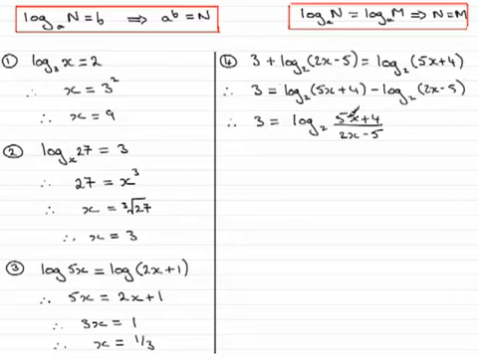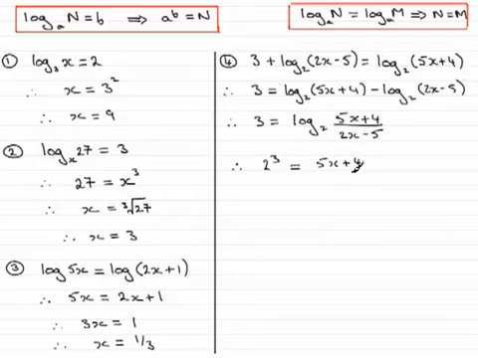Okay, on the basis that you've got that far, what we've now reduced our original equation to is two terms. We've now got a number and a log. So we've got this scenario over here. So by applying this rule, we can see that therefore 2, the base, to the power 3, 2 cubed in other words, will give 5x plus 4 over 2x minus 5.